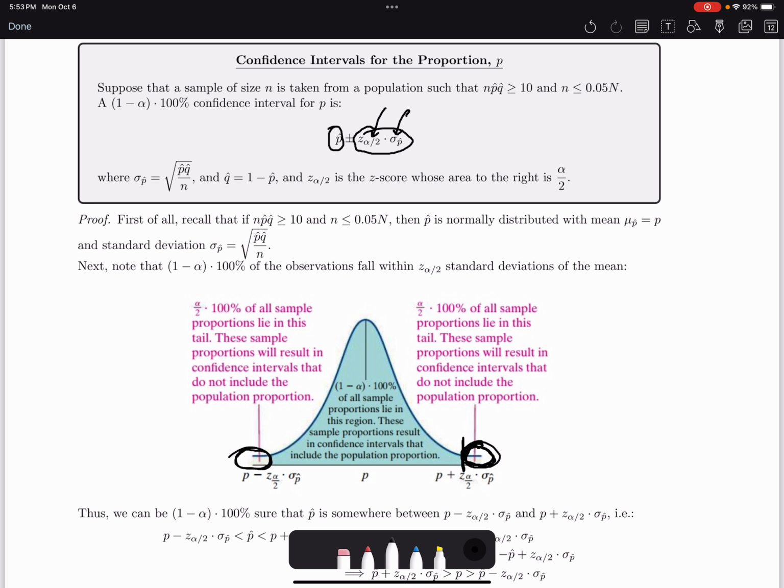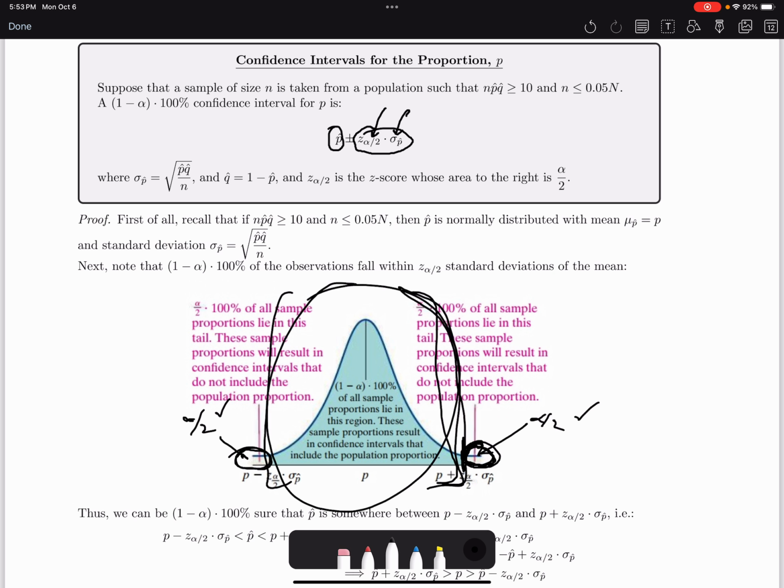And why alpha over 2? Why do we want these tails to have alpha over 2% of the data? Well, because when you add alpha over 2 plus alpha over 2, you get alpha. Okay, and so that means you will be 1 minus alpha percent confident that the true population parameter is within this region.